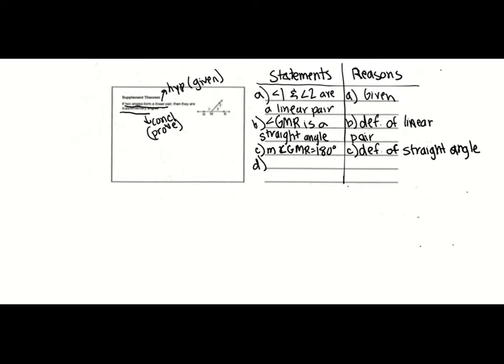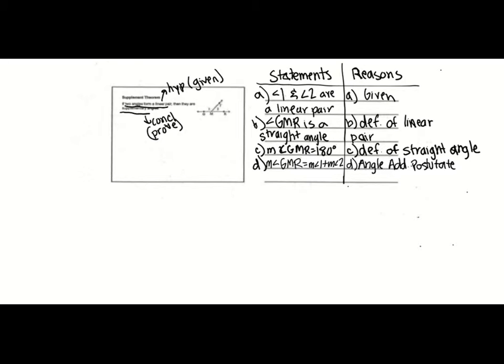So if I say that the measure of angle GMR is equal to measure of angle 1 plus measure of angle 2, I can say that because it is our angle addition postulate. If two angles make up a big angle, then the big angle is the sum of the two smaller angles. That's our angle addition postulate.